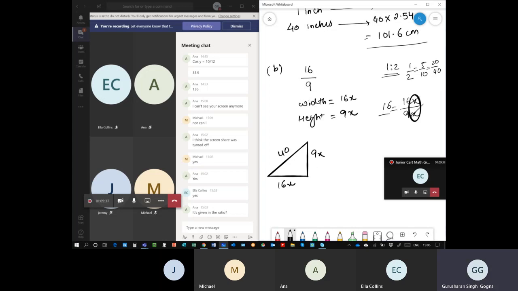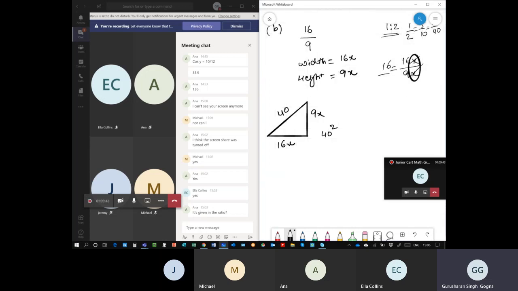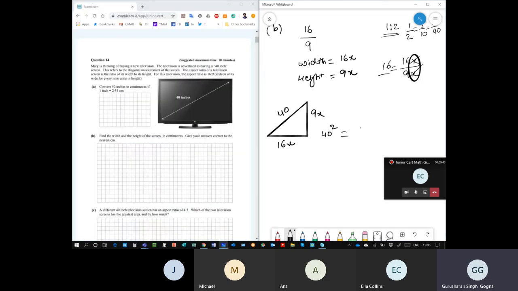And this is 40. So 40 square, as this is a right angle triangle, equals 16x whole square plus 9x whole square, and then you solve this. So square of 40 is 1600, equals 256 x squared plus 81 x squared.